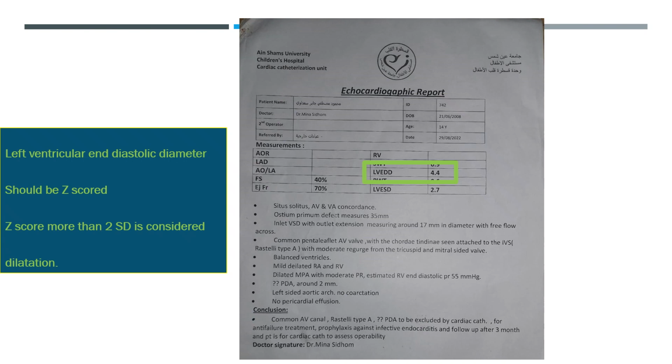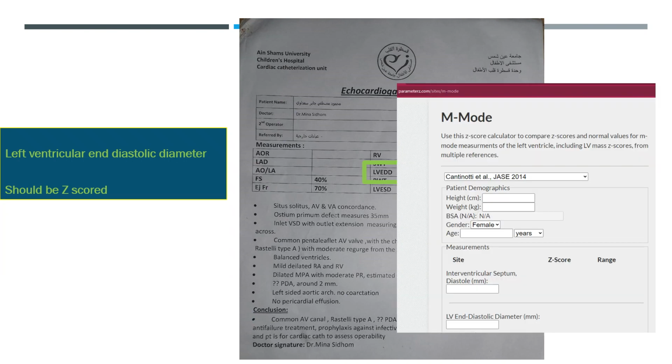Another important parameter is the left ventricular end diastolic diameter, which reflects any ventricular dilatation, and this diameter should be z-scored, and a z-score more than 2 standard deviations is considered a dilated ventricle. Different online applications are available in which you can get the z-scoring of the different cardiac dimensions, providing the weight, body surface area, age, and gender of the patient.